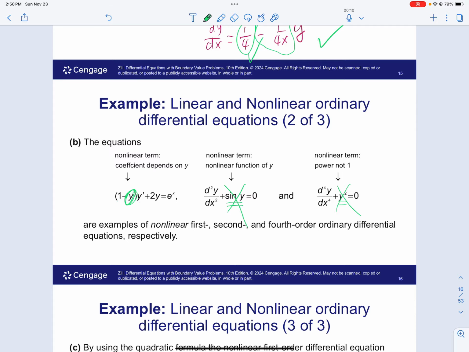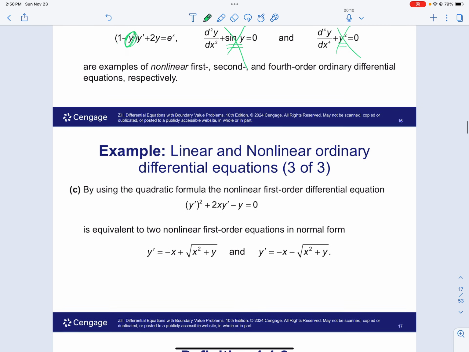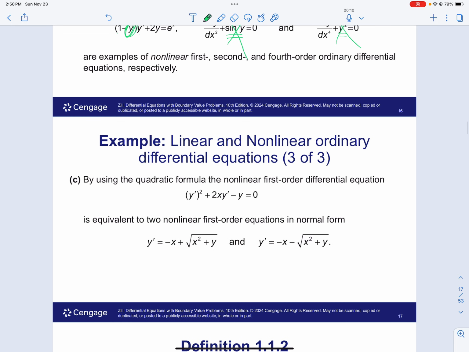And the next one, what is the order of this? Do you remember? This is not y double prime. So this is still first order.